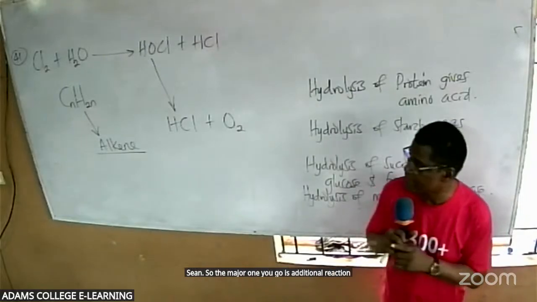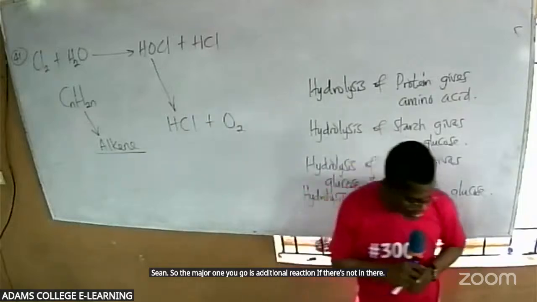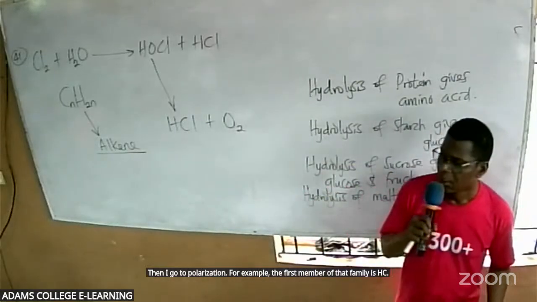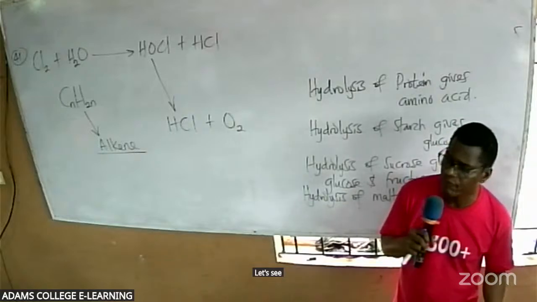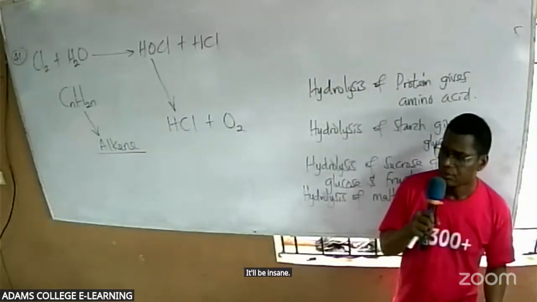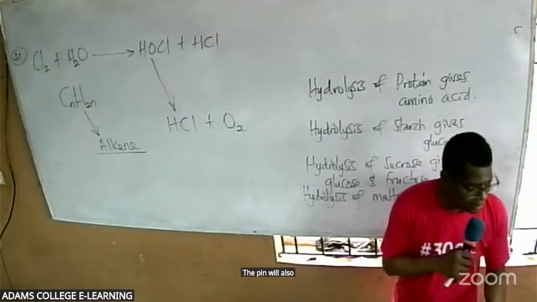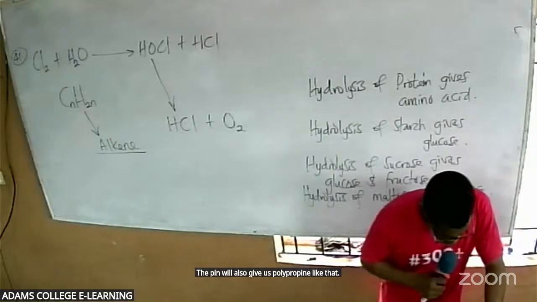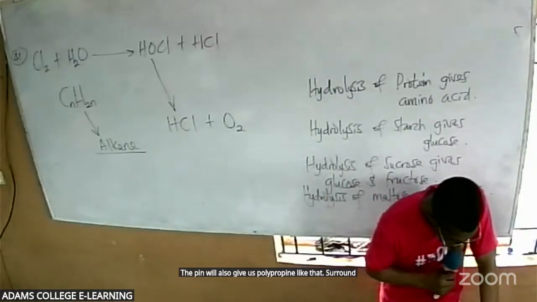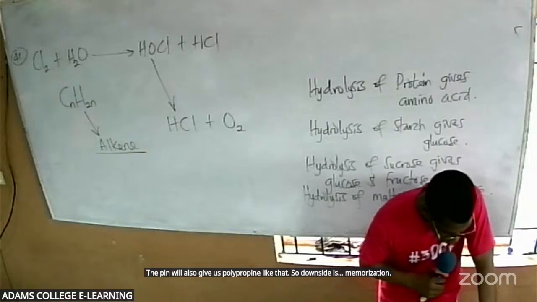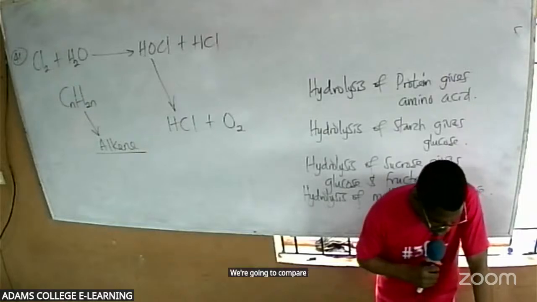But if there is nothing there, then I go to polymerization. For example, the first member of that family is ethene. Ethene will undergo polymerization and give us polyethene. Propene will also give us polypropene, like that. So the answer is polymerization. The pair of organic compounds are isomers. I've taught you how to do that.